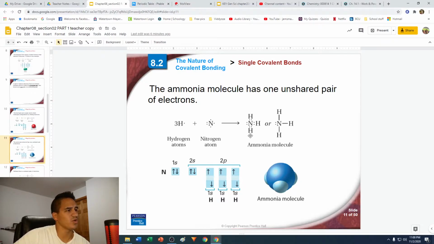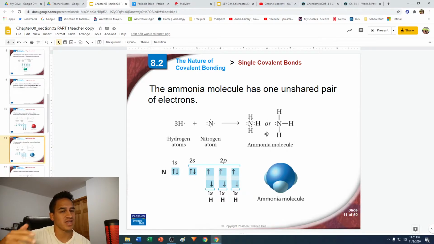Now, it's important that when we are drawing molecules we count to make sure that there are 8 valence electrons on each atom in the molecule. If we look at this nitrogen, every line that you see counts as 2 electrons, because there's technically 2 electrons in that bonding line. So if we count the total number of electrons on this nitrogen, we have 2, 4, 6, and the lone pair there is another 2.